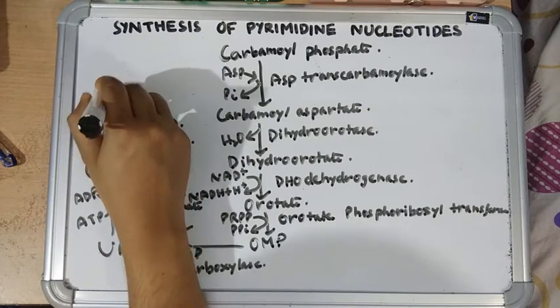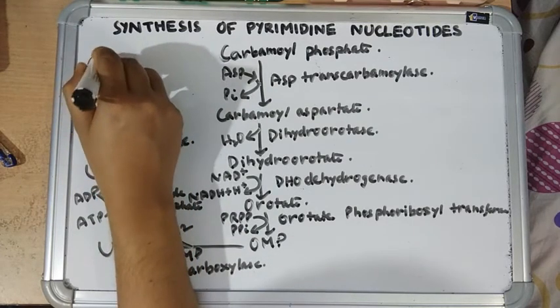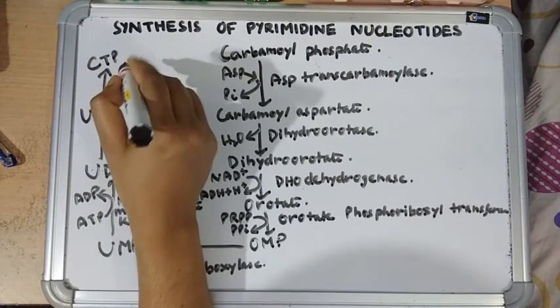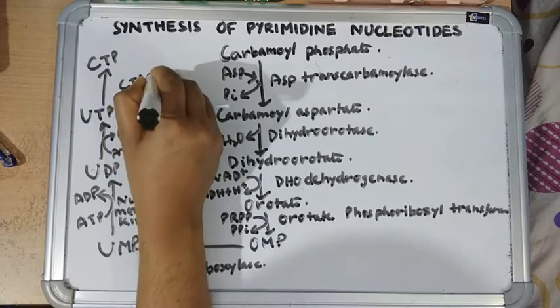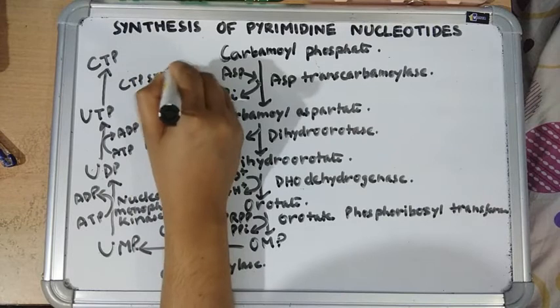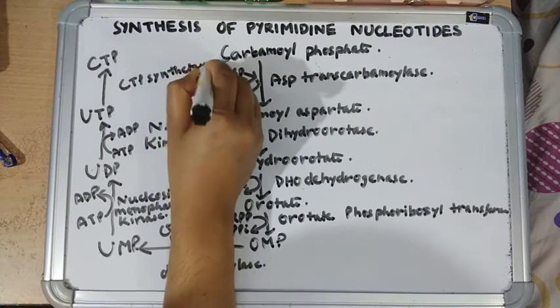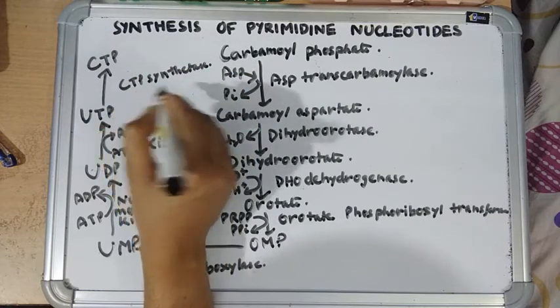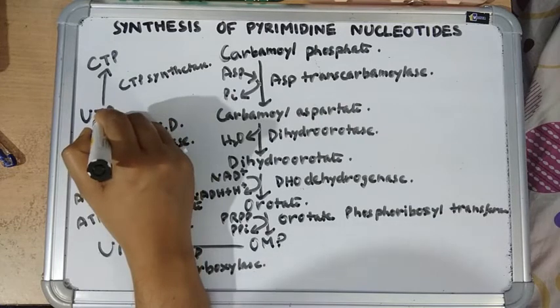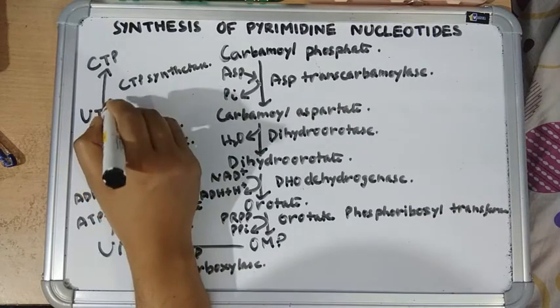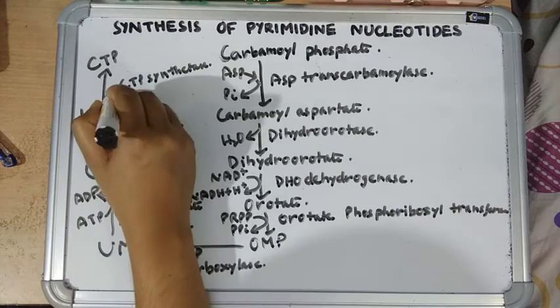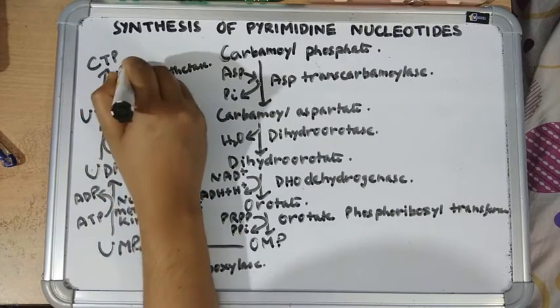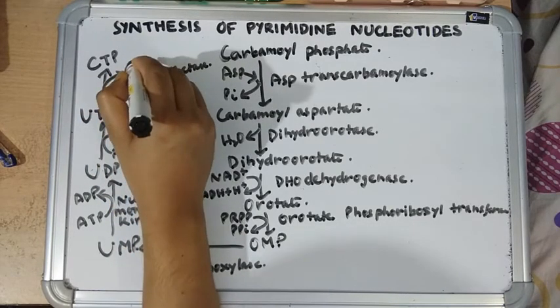So UTP is converted into cytidine triphosphate, CTP, by CTP synthetase enzyme, and here there is amination of the UTP to form CTP, and the amino group is supplied by glutamine, and glutamine is converted into glutamate.